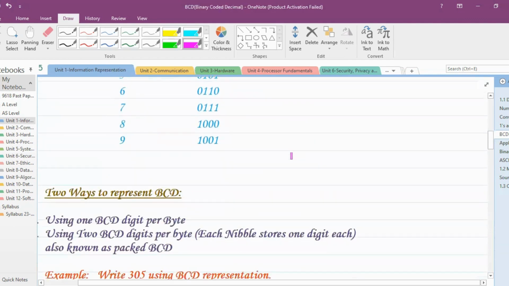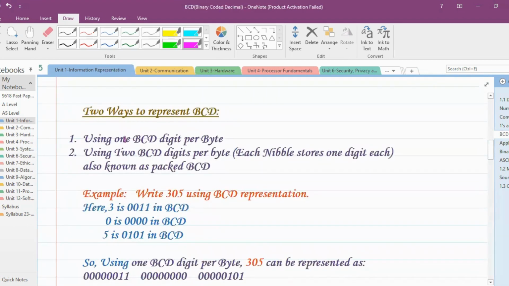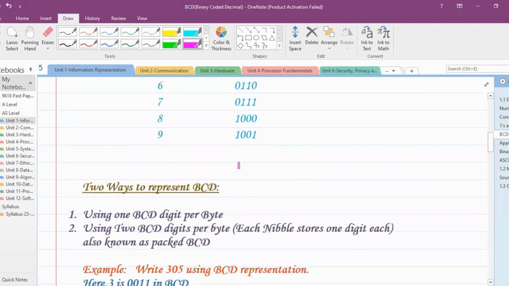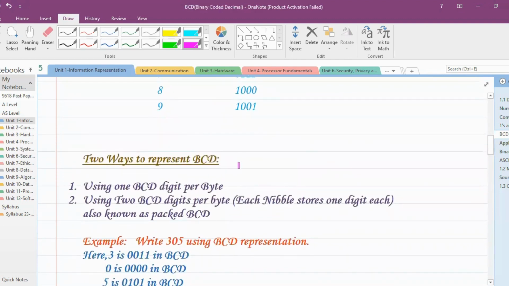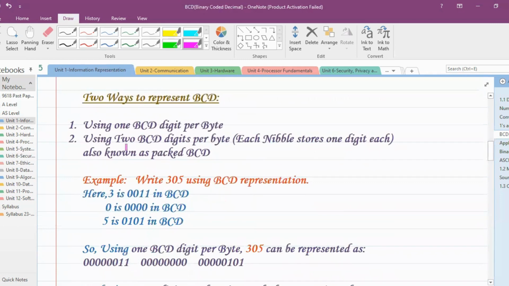So when we say using one BCD digit per byte, that means 4 bits are going to be wasted, because one denary number has one nibble, right? So the rest of the 4 bits will be filled with zeros. I'll show you with the help of an example down there.